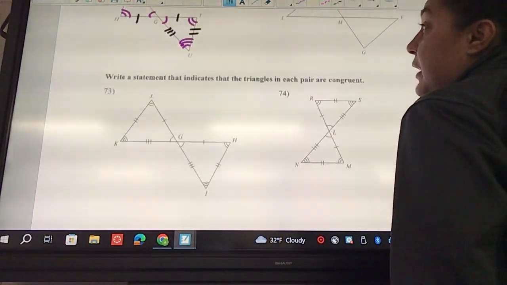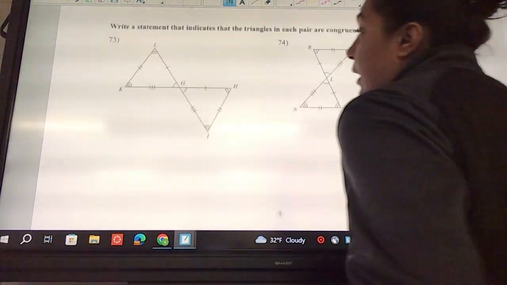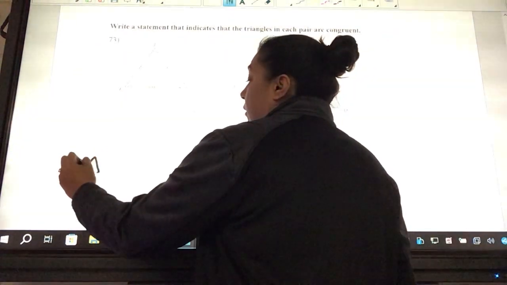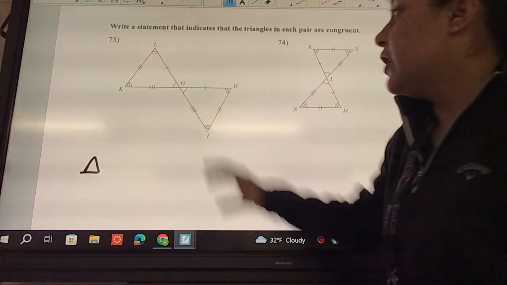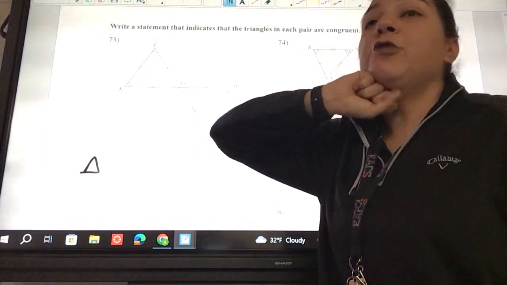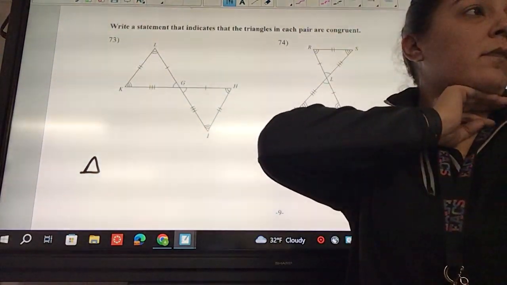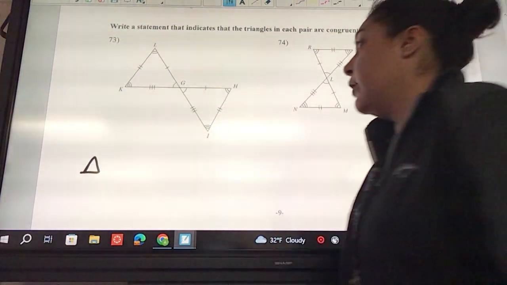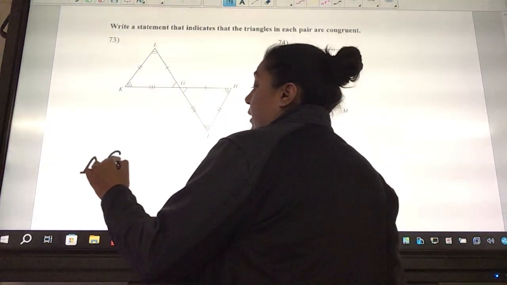Okay, 73 says write the congruent statement. So we're going to say triangle. If we start with this first one, what's the first letter we're going to use? G, because it has 1 rainbow for the inside. So G, then what comes next?